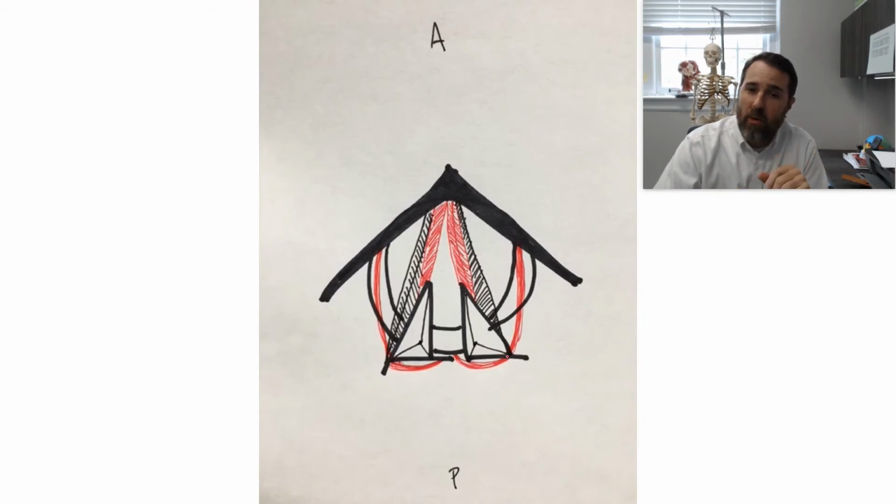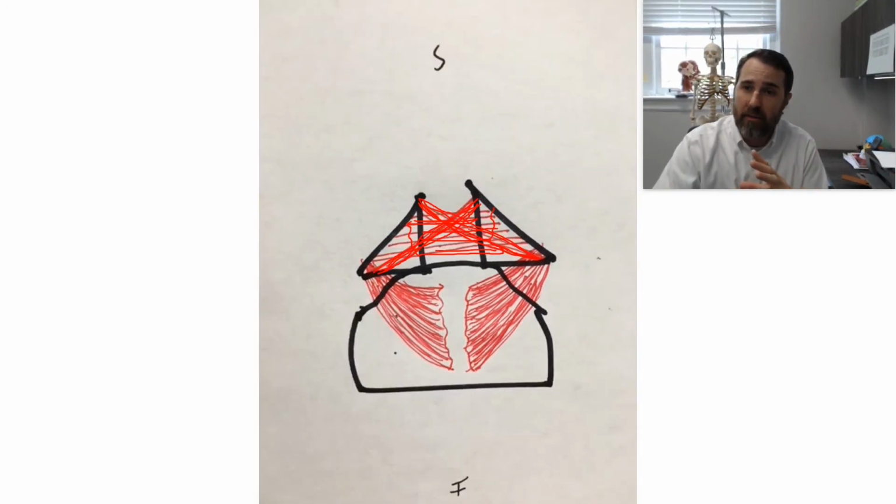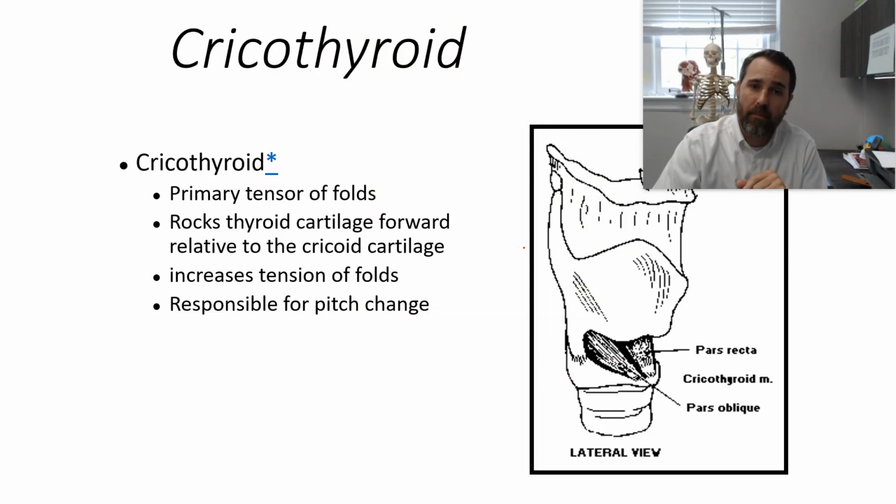We have the lateral cricoarytenoid seen here in this image, which is an adductor of the vocal folds. And then we have the interarytenoids, transverse and oblique, which are adductors of the vocal folds.